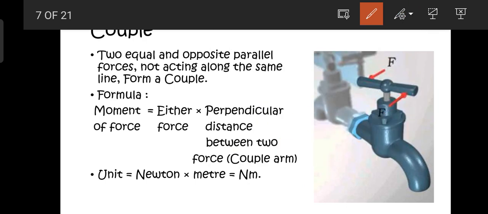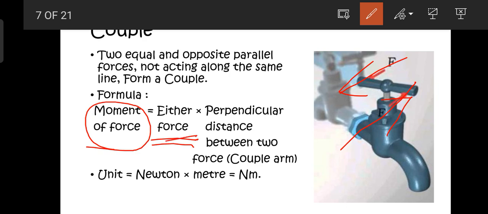They form a couple. So what is the formula? How will we calculate it? Moment of a force or couple is equal to either force, meaning take any one force, we can take this or this, multiplied by the perpendicular distance between the two forces.